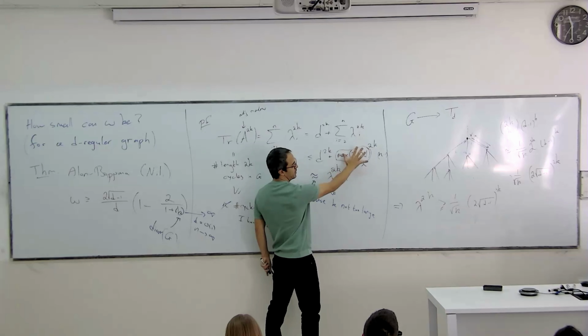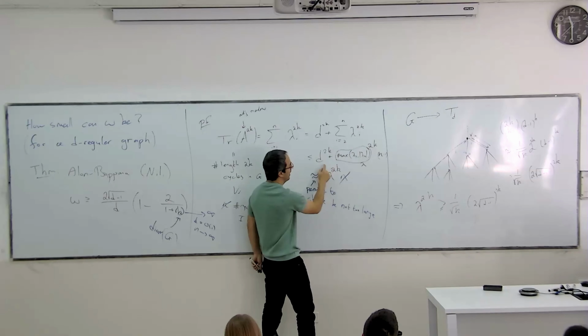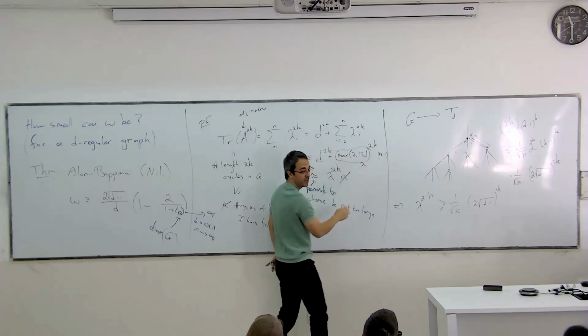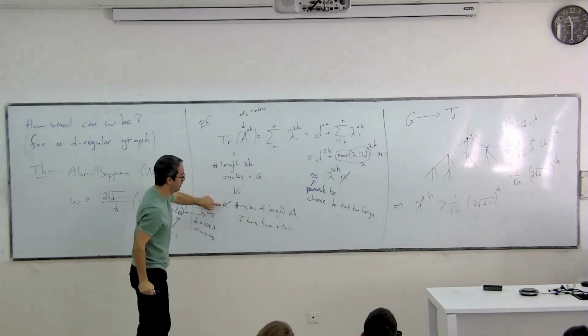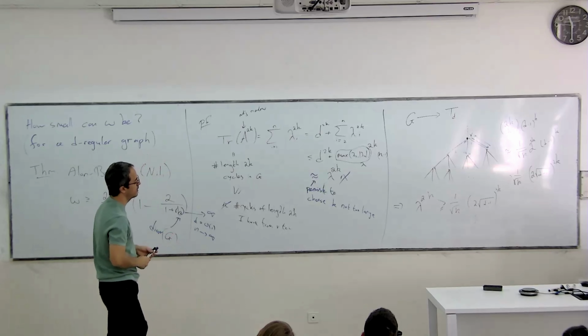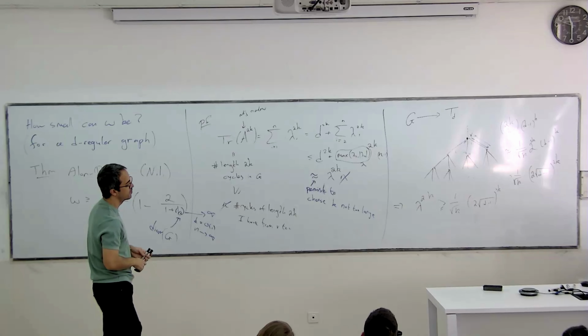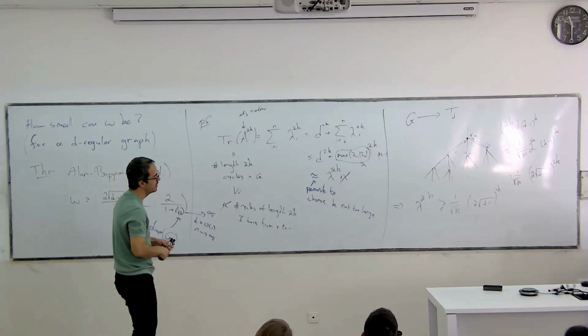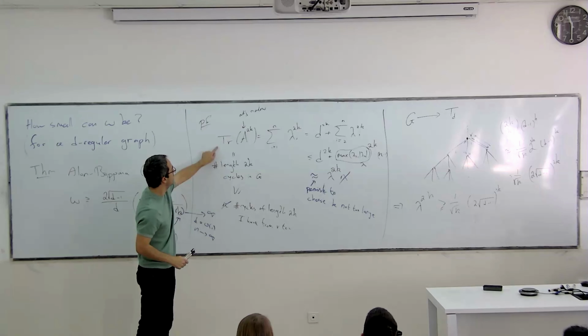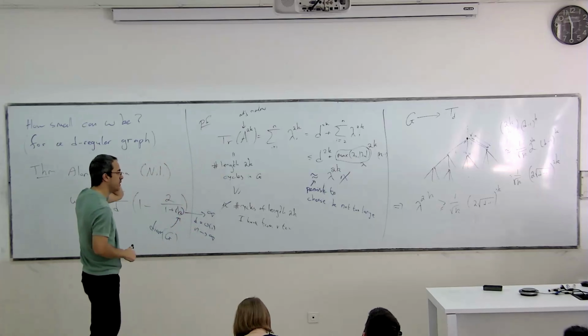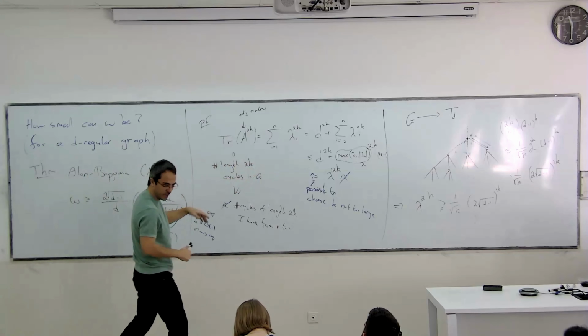Ignoring that, once I know it's larger than 1, I can ignore it. And then d to the 2k is much smaller than n. Yes, here and here. Okay, I see. Yeah, so that's how it looks, because it appears also here. But the trace is something that was n minus one there.